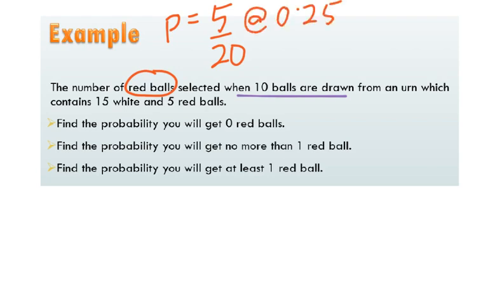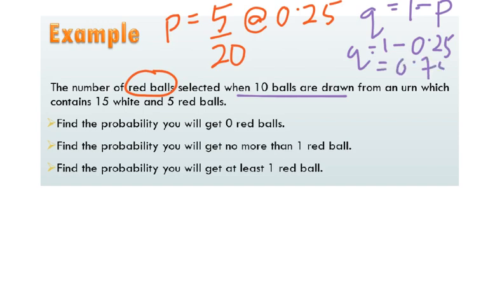That is our P. When we have P, automatically we can have Q, which is the probability of failure. Q is 1 minus P. So 1 minus 0.25, our Q is 0.75.